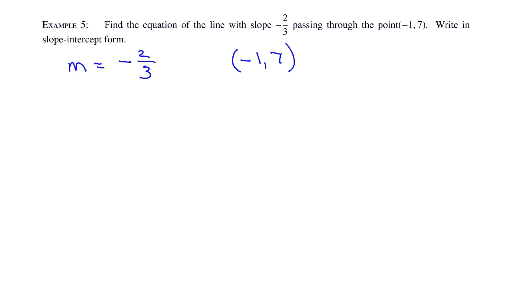To find the equation of this line, I'm going to use the slope-intercept form, y equals mx plus b. We know m is negative 2/3. And we have a value for x and y. So I'm going to plug in the point values, x is equal to negative 1 and y equals 7, into the equation.